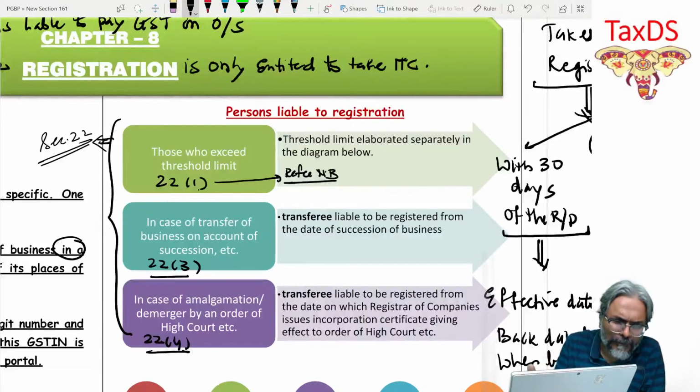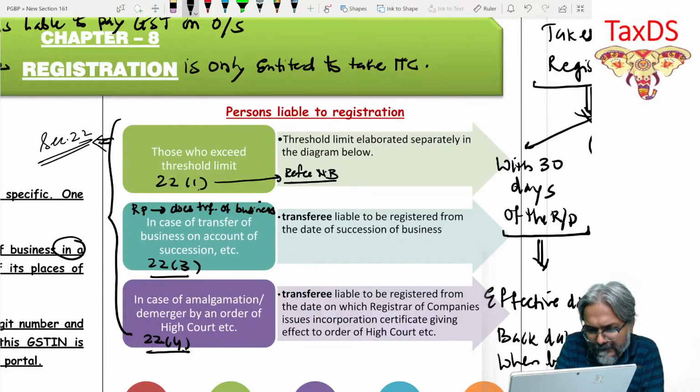Let's do the 3 and 4 first. Over here, students, supposing a registered person, RP, in this case, what he does is transfer of business. Students, a registered person is doing what? A transfer of business.